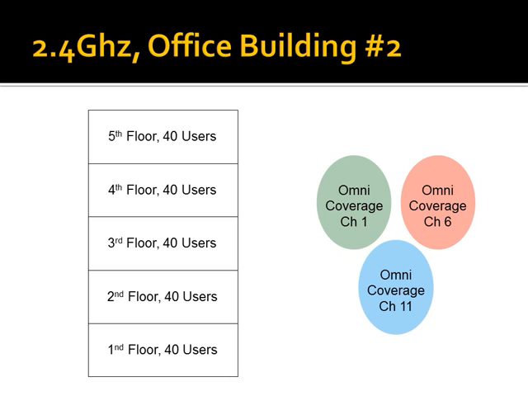He actually did something a little closer to this, except he did 1, 6, and 11 on each floor and offset them. So I'd have 1, 6, and 11, and then I'd have 1, 11, 6 shifted 10 feet or so. And so he's counting on that attenuation as well.